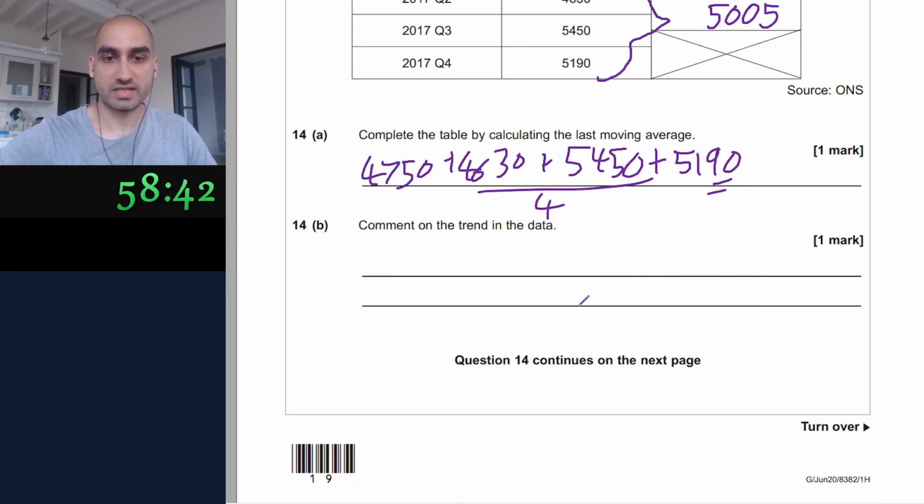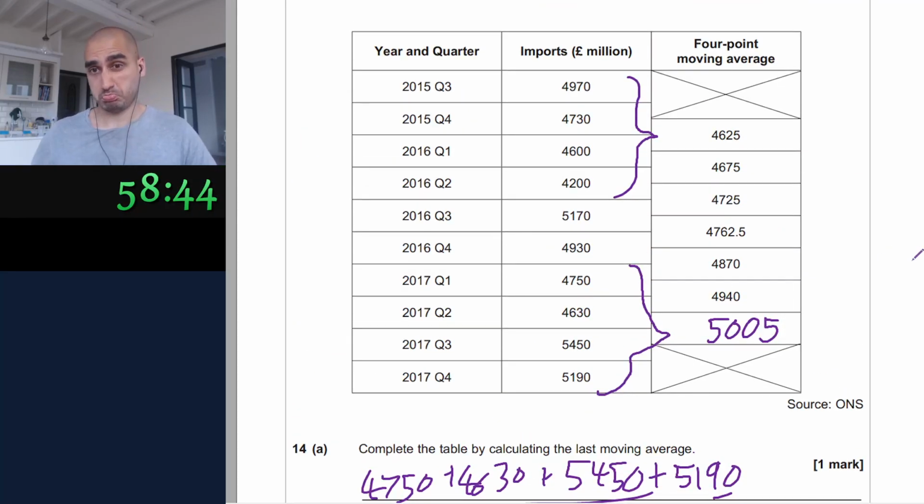Comment on the trend in the data. There seems to be an increase. Steady increase. Pretty steady. It's about 40 to 70 each time.